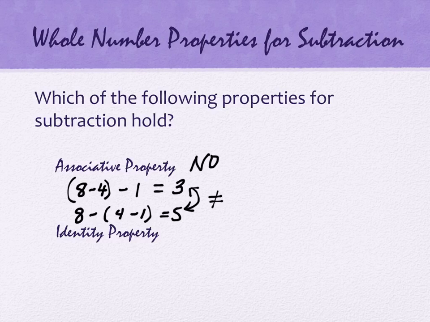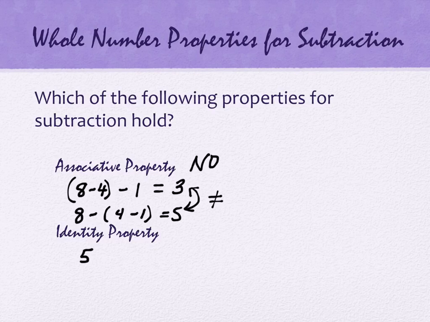How about the identity property? Do you remember the identity property, Seb? Right. The additive identity is the number 0 because if we add 0 to anything, we get back the same number. So let's try this with the number 0.